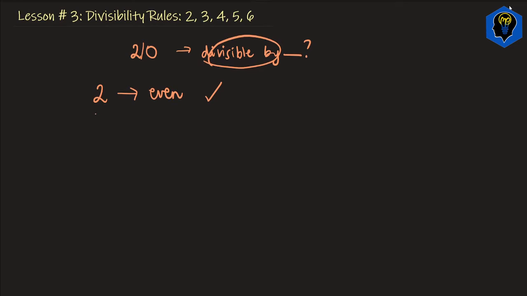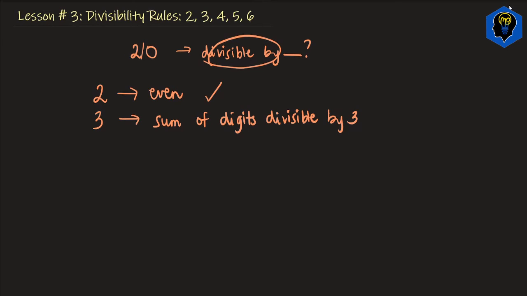How about 3? Ano ba yung rule ng divisibility by 3? So, for divisibility by 3, you just have to add. So, if the sum of the digits is divisible by 3.